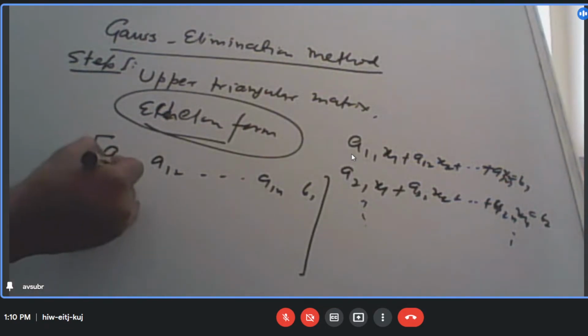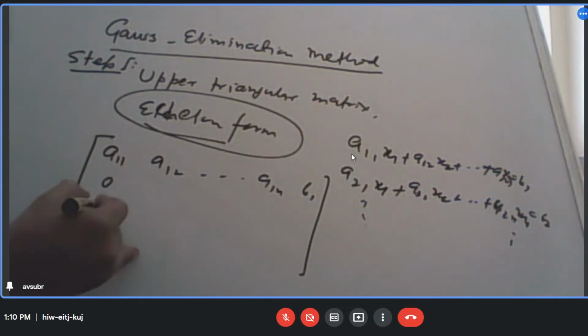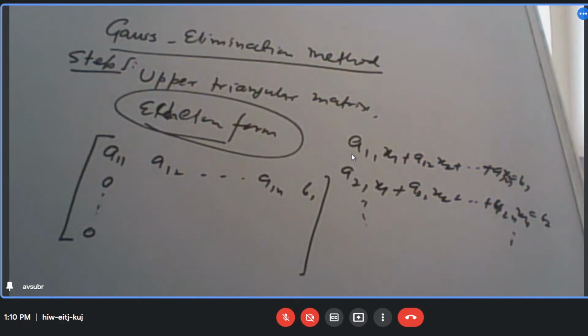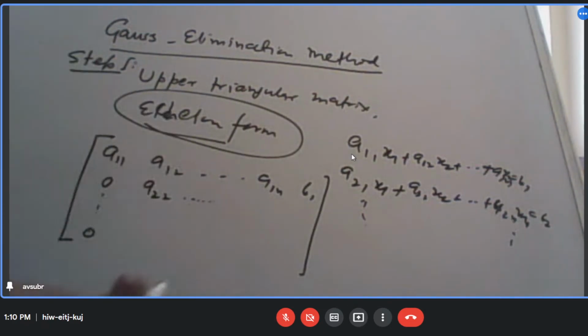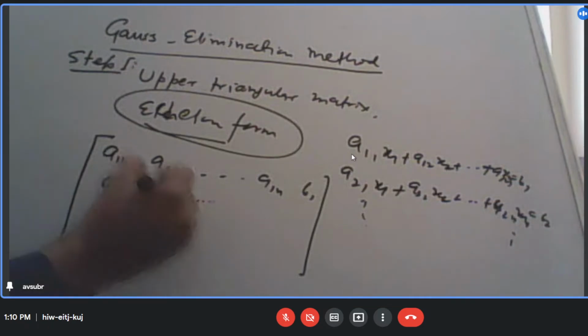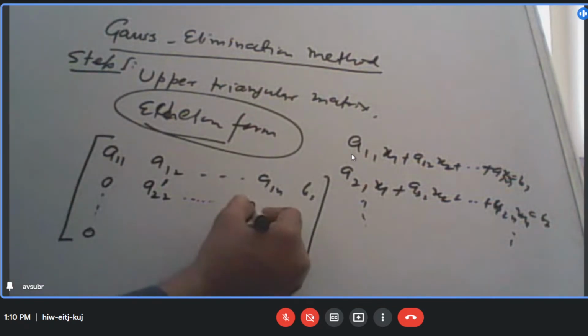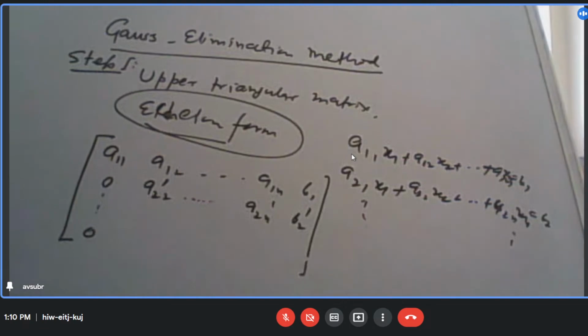Then from this we will remove all the elements below, that is, we will put them into zero form. Only this will be there and these all will become 0. Next, this is a22, and in fact if I change it, then it will be a22 dash, a2n dash, b2 dash, because I have to do some operation in order to remove it.